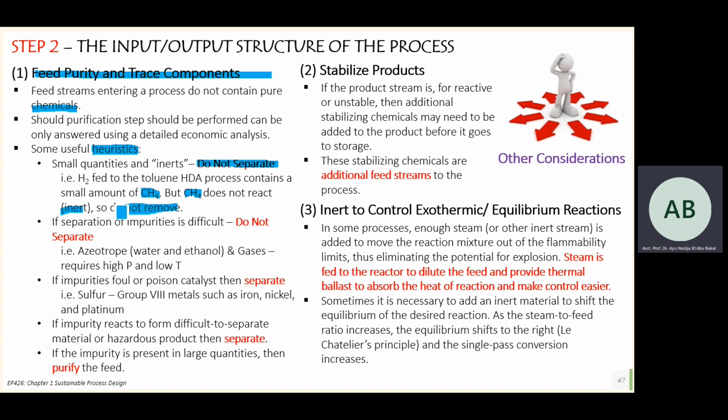So no need to separate the N2. Now, if separation impurities is difficult, do not separate. For example, azeotrope, water and ethanol. Why water and ethanol are difficult to separate?